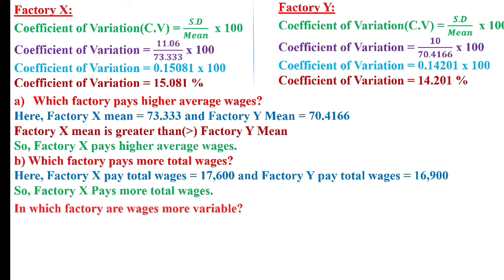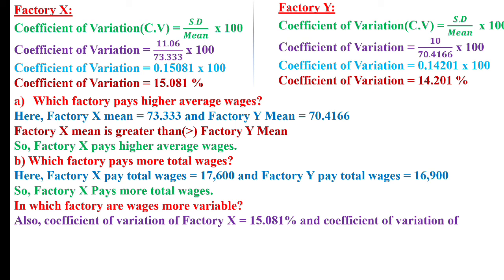Then the next question is which is more variable. More consistent means less percentage of coefficient of variation. More variable means more coefficient of variation value. Here the coefficient of variation of factory X equals 15.01 and of factory Y equals 14.201.